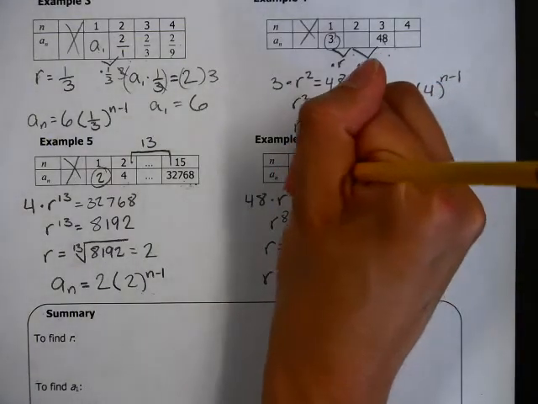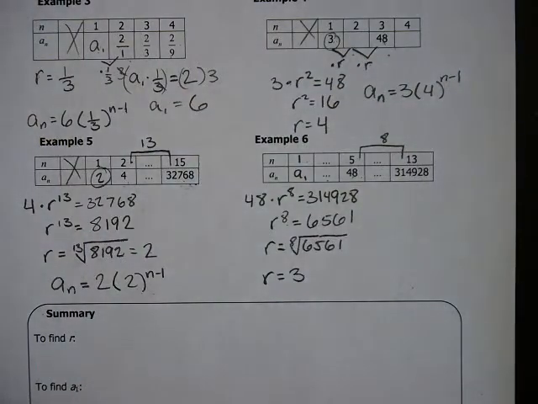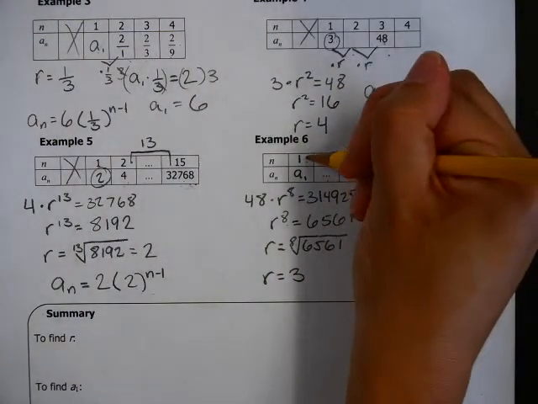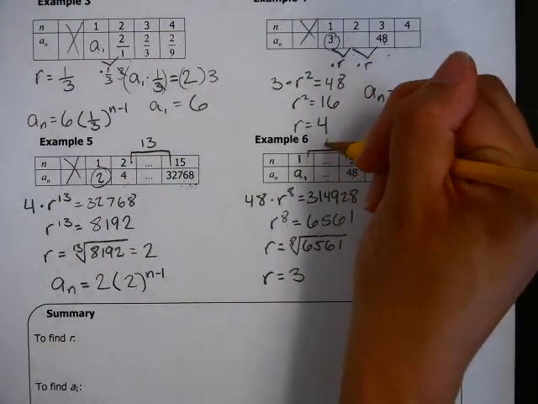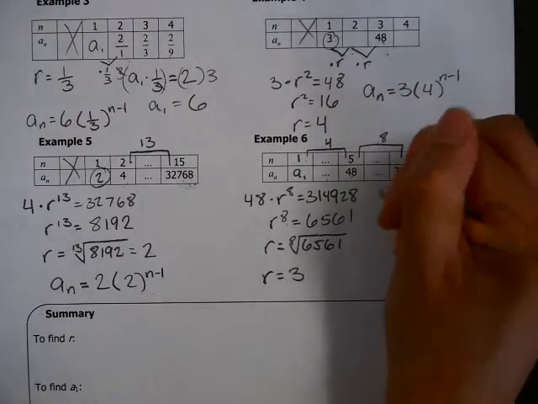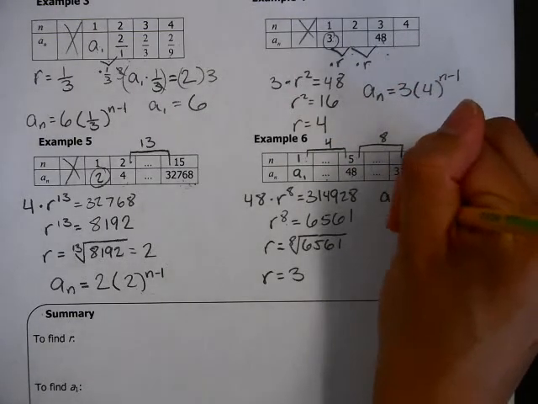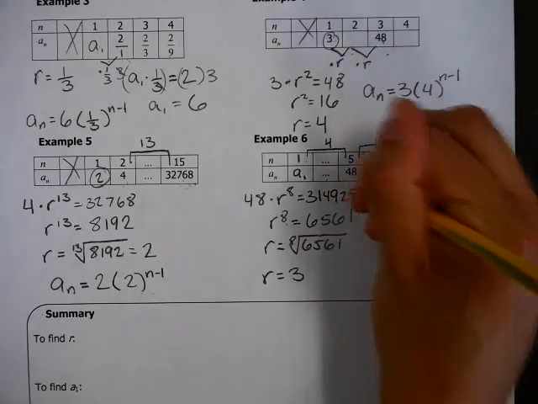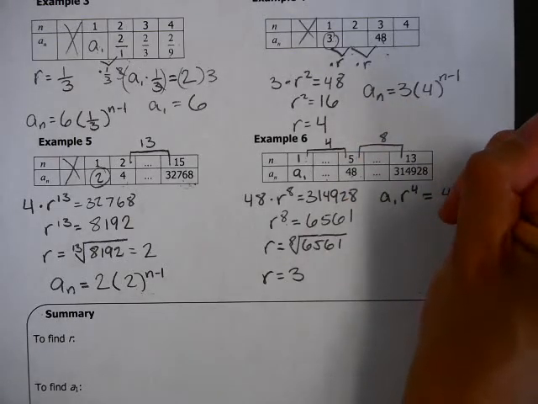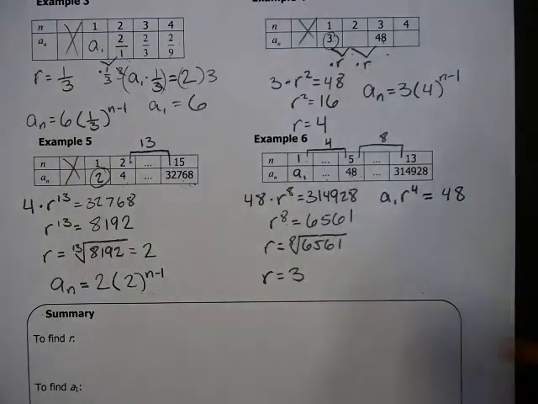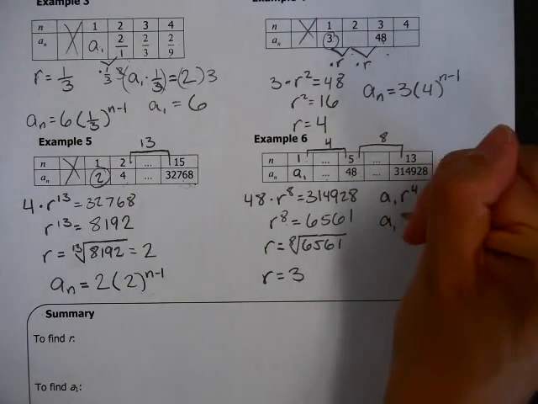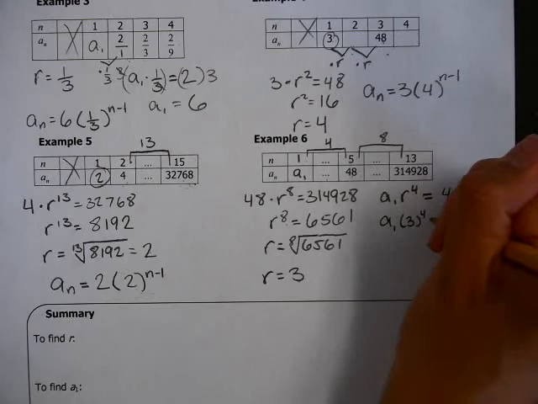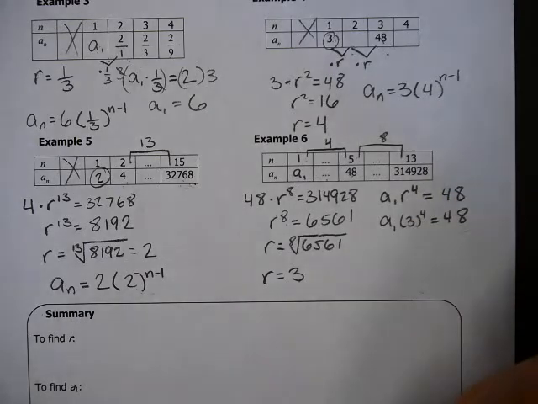My first term is a sub 1, and I need to move from 1 to 5, so 4 spaces. Our first term times r to the 4th power will equal 48, but we just figured out that r is 3. So a1 times 3 to the 4th is 48.